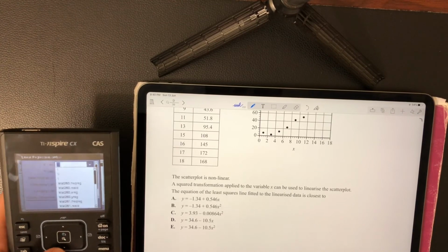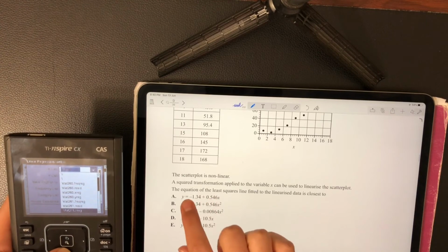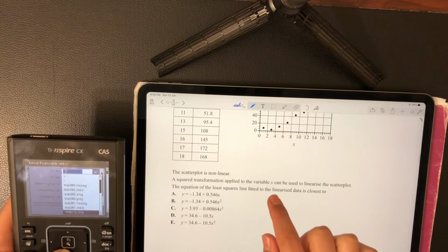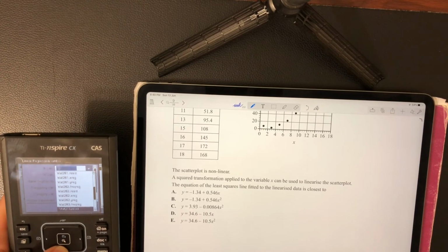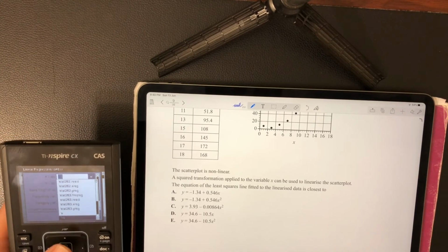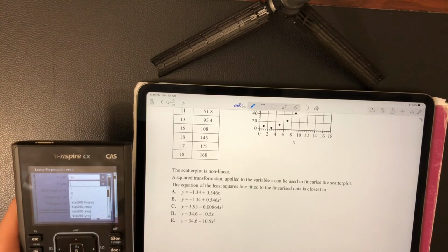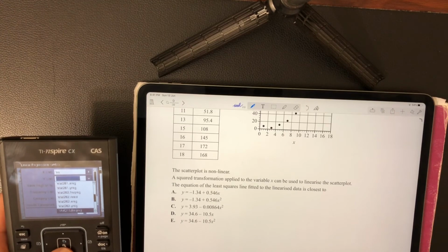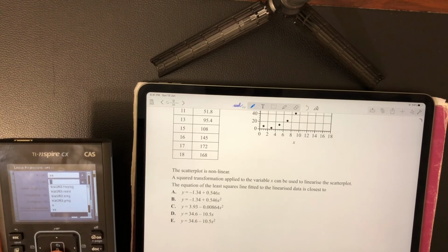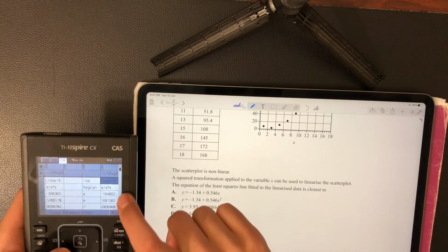We want x squared because we've been told we want the equation of the least squares line fitted to the linearized data. So x squared would make the data linearized. So we've got xs here, which stands for x squared. Put that in the x list, then just put y in the y list. Hit enter, and you have the values of a and b over here.